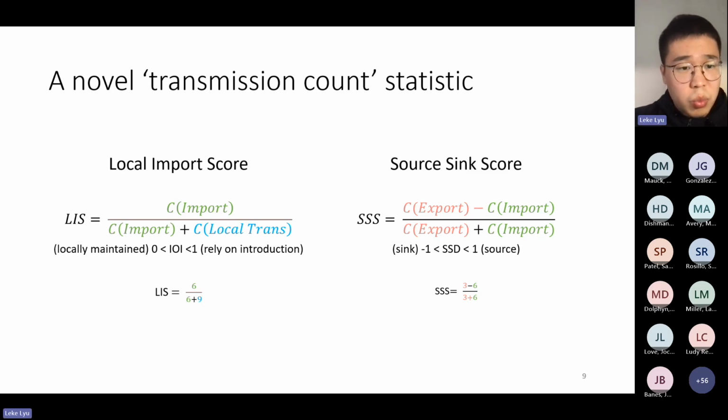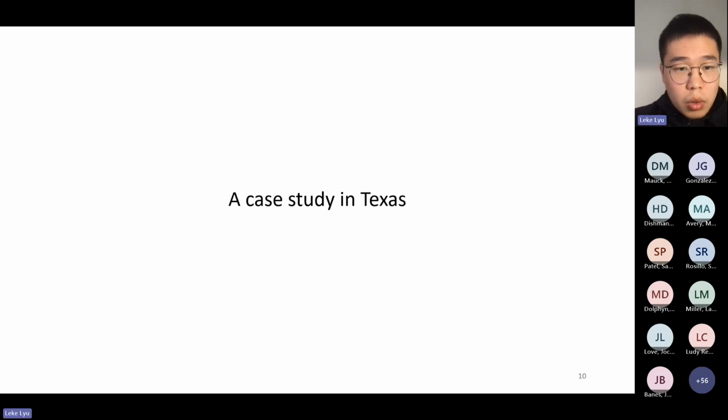So the local import score ranges from 0 to 1. The source sink score ranges from -1 to 1, a value closer to -1 meaning it's a sink, closer to 1 meaning it's a source. Now we're coming to this case study in Texas.